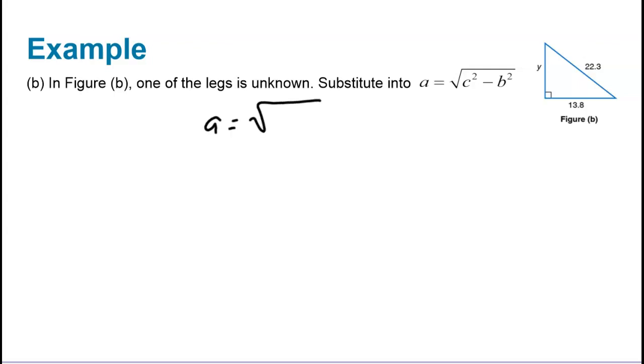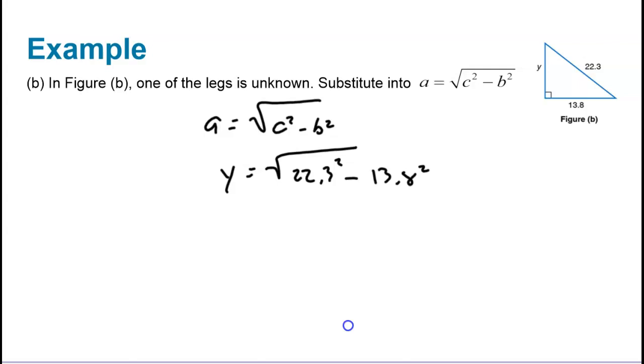A equals the square root of c squared minus b squared, and substituting this in, we're going to use y in place of side A, and c squared, which is our hypotenuse, is going to be 22.3 squared minus b squared, and we're going to use 13.8 for b for our side over here.